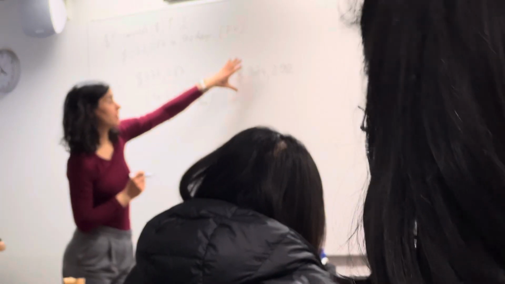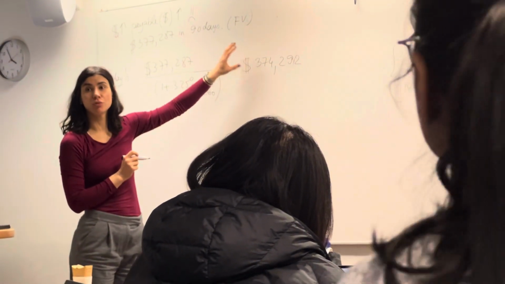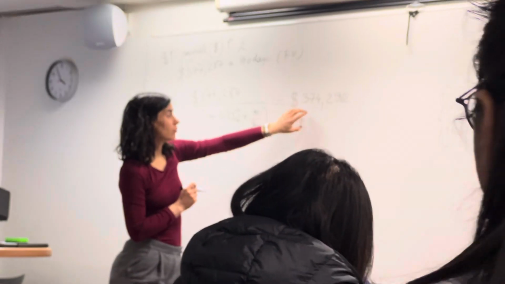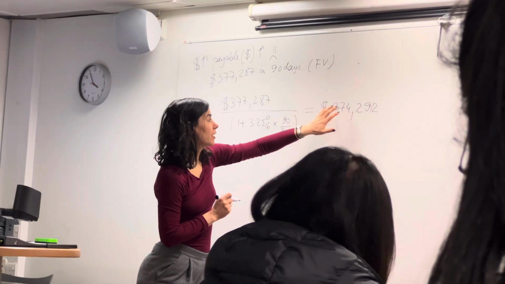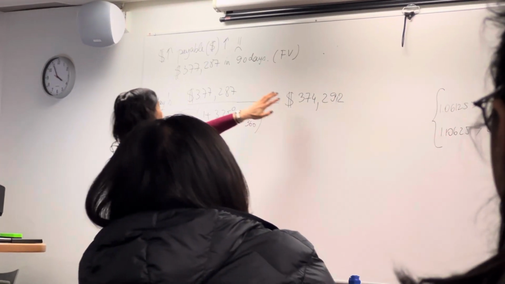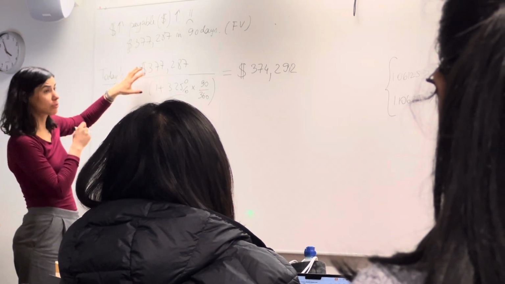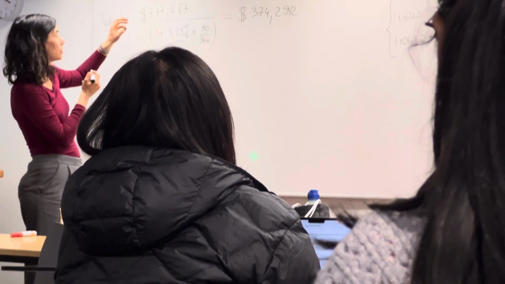We have this, and we want to make an investment. We want to deposit this money in a foreign currency account, in dollars, so that this money grows from 374 to 377. And when that happens, our matured investment will pay off the 377 payable. So the 377 payable will be matched by our 377 receivable.